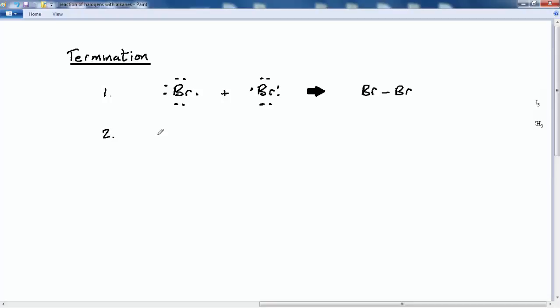The other possibility is that the bromine free radical combines with a methyl free radical. I'll write this as CH3 with this electron here to represent the unpaired electron, to save me a bit of space. That gives me bromomethane.